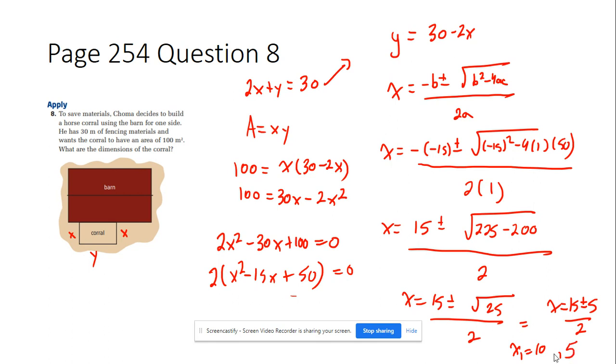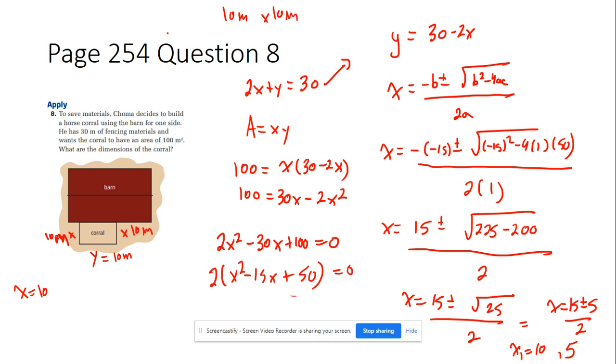Okay, so what are the dimensions of the corral? That means if x equals 10, we're at 10 meters here, and 10 meters here, and 10 plus 10 is 20, and we have 30 altogether, so this is going to be 10 meters as well. So 10 meters by 10 meters, okay?